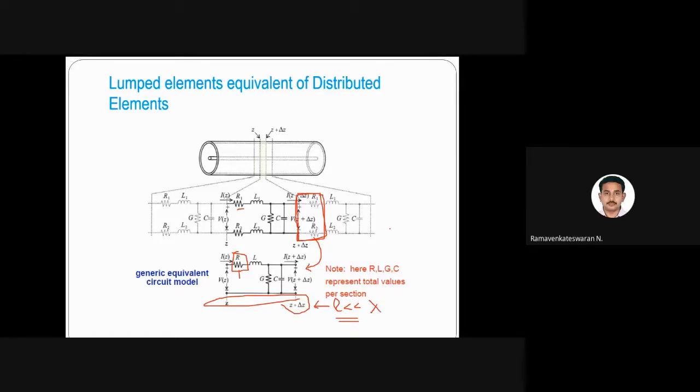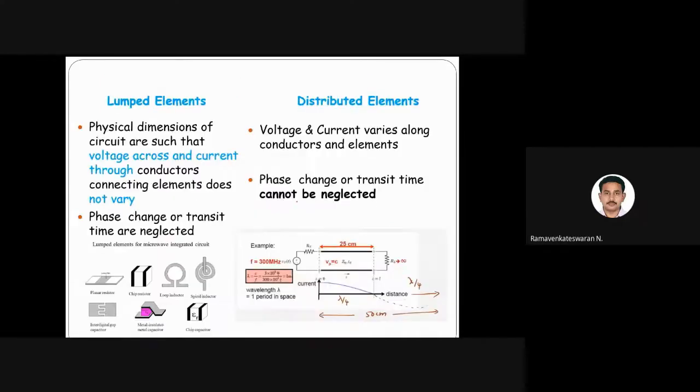Basically, I'm going to take a smaller section in the longer transmission line, and in that section these R, L, G, C are constant. These are the different types. In lumped elements, the voltage and current across the conductor do not vary.